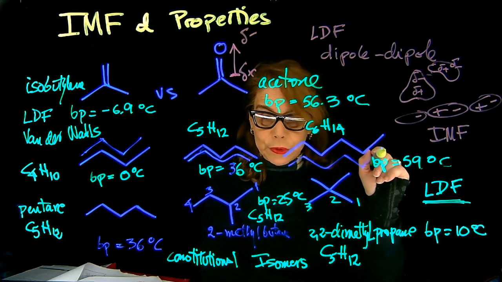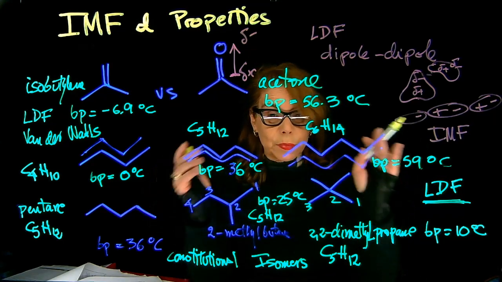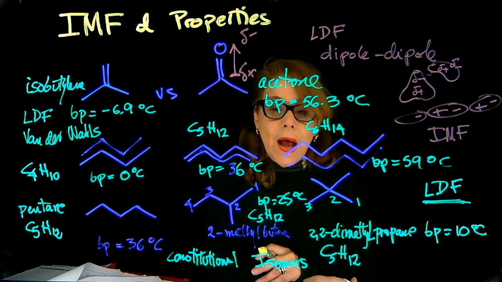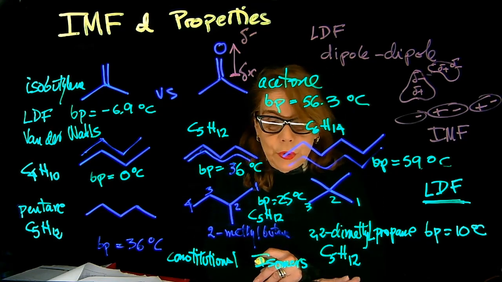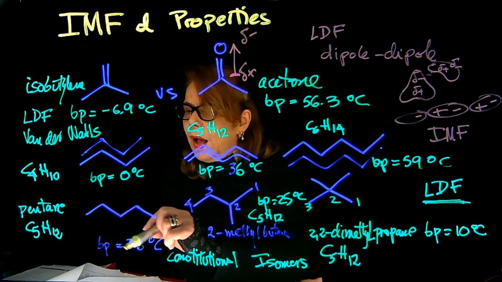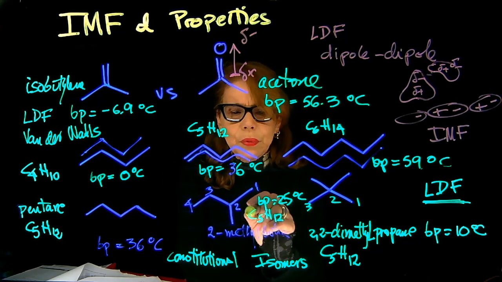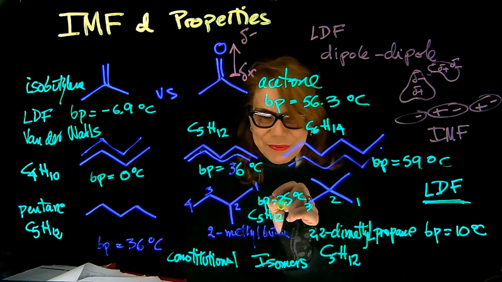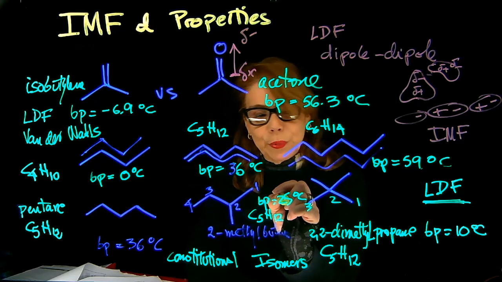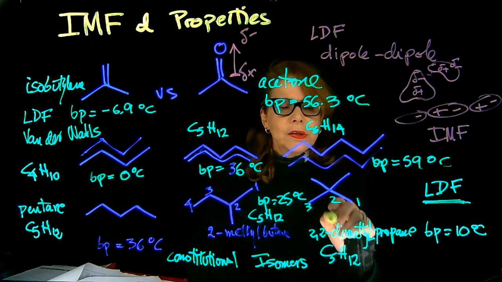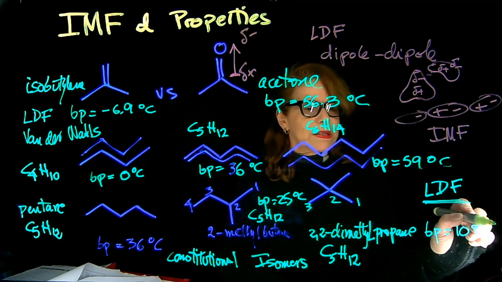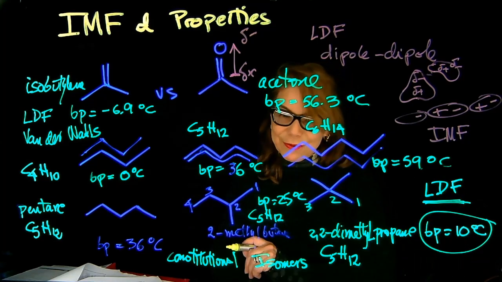Weaker interactions between molecules imply a lower boiling point. And as we see here, pentane would be a liquid, borderline, almost boiling at room temperature, right? Because its boiling point is 36. But definitely 2,2-dimethylpropane is a gas at room temperature.